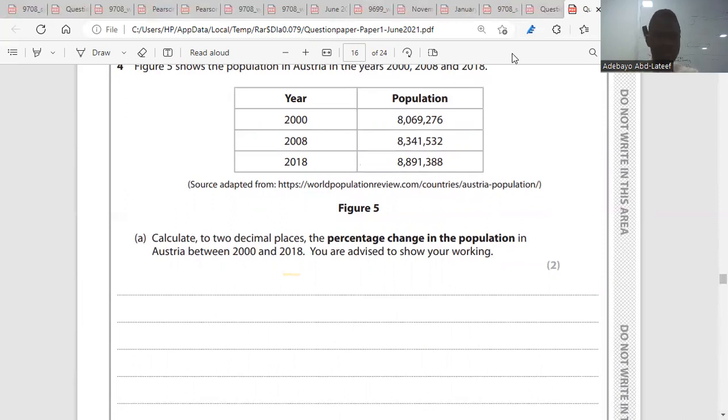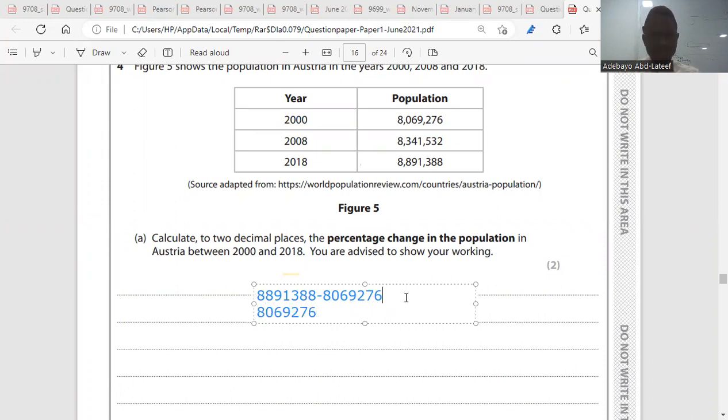So to calculate the percentage change in population, it is the percentage of 8,891,388 minus 8,069,276, because in 2000 and 2018, 8,069,276 over 8,069,276 multiplied by 100.